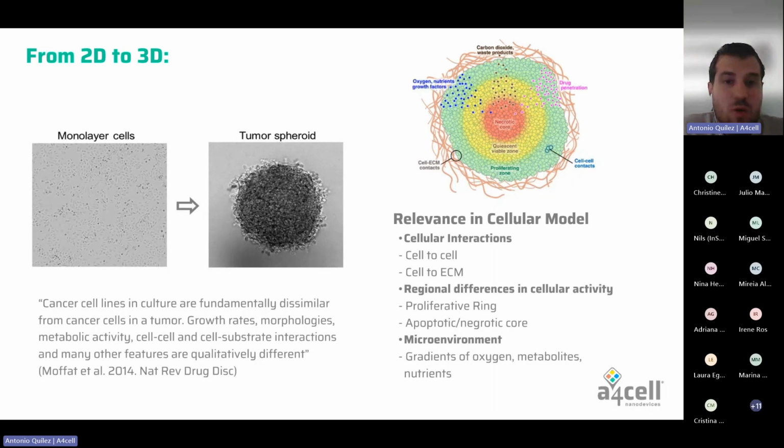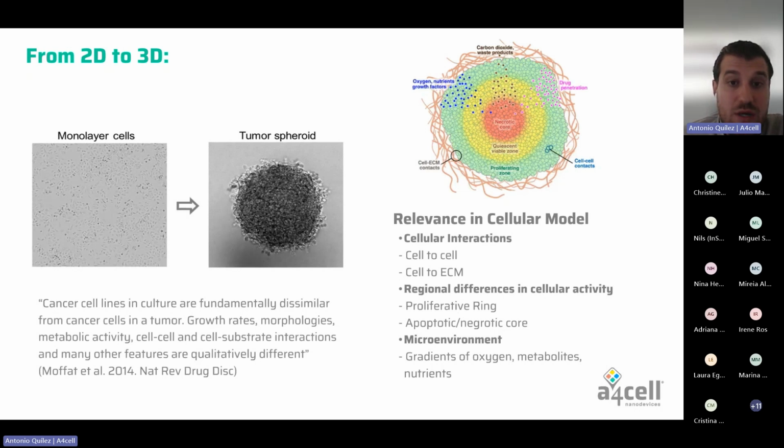But when working with this kind of models, what we see is that we have regional differences in their activity. As you can see in the image in the upper right corner, especially depending on the size of our spheroids, we can have a proliferative ring in the outer part of the spheroid, then a quiescent viable zone in the middle, and then a necrotic core.